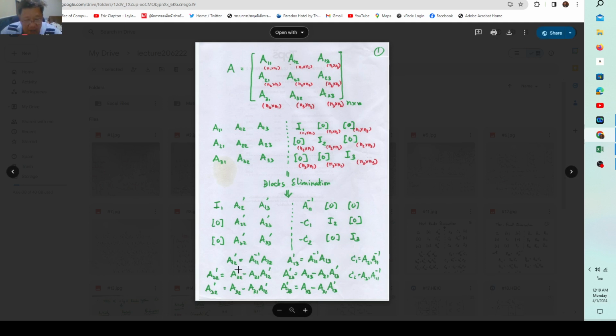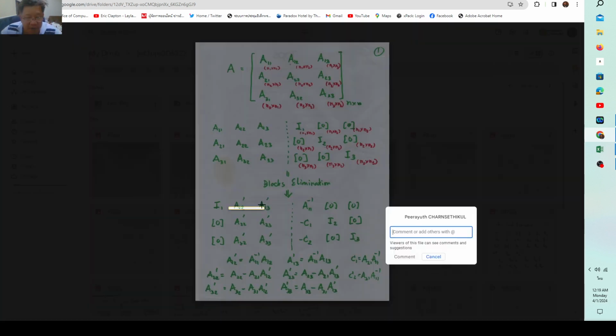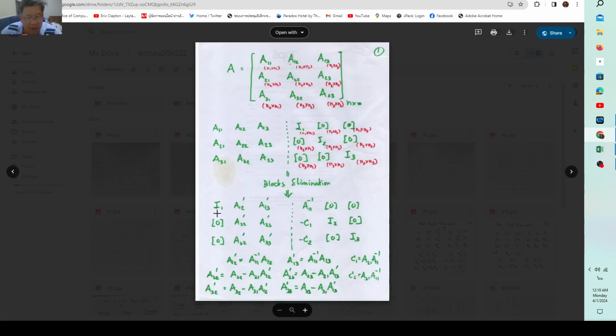You can get A32 prime, A33 prime, and C2, right? Over here, A32 prime is where you want to eliminate A31, right? So you multiply A31 by this corresponding row. Sometimes you can refer to this as a pivot row, right?